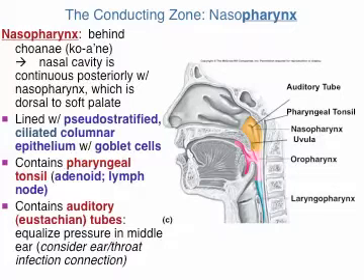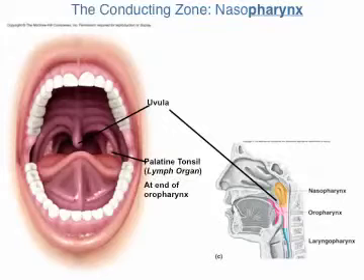The tubes lead from the throat to the middle ear, and that's why if you get an infection in your throat, it can often lead to the middle ear and vice versa. Finally, in the nasopharynx you find the uvula, and in this cartoon on the left, it also shows a palatine tonsil, which is a lymph organ.